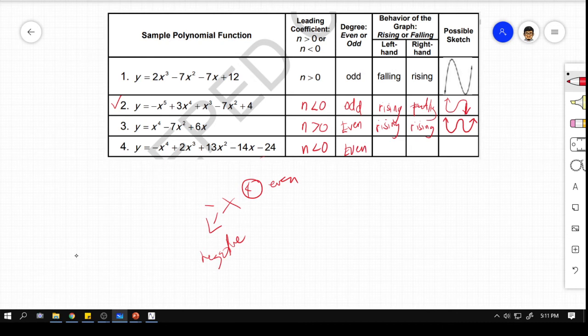If it is negative, then the graph is falling to the left and falling to the right. So, the possible graph will be like this. Okay. So, that's how you technically describe the end behavior of a polynomial function.